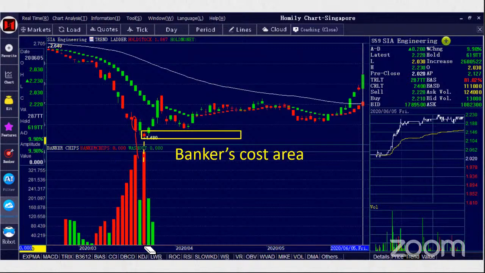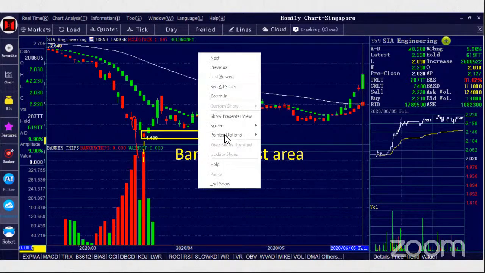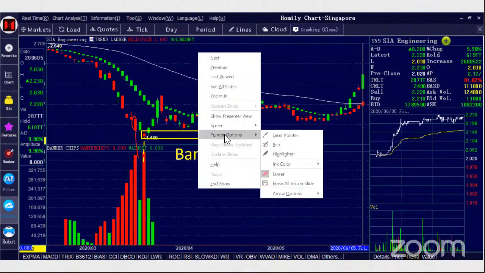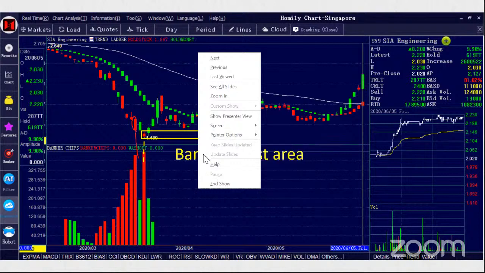When we have a lot of banker chips bars appearing, green with red, it might be a bit complicated. Later, when we check the real software, I can show you more details on how to distinguish the banker's cost area. Okay, let's move on.